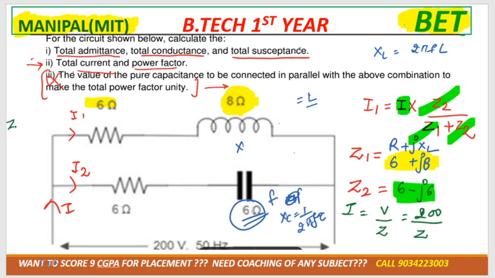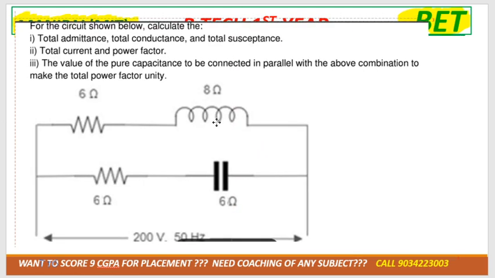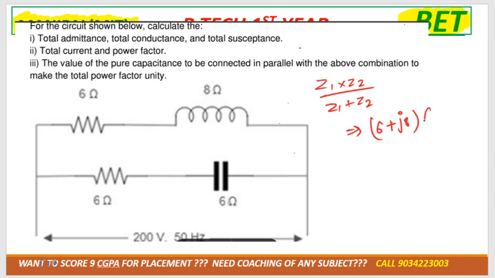How we can get Z: Z1 into Z2 divided by Z1 plus Z2, right? So Z1 into Z2 divided by Z1 plus Z2 is how much? That would be 6 plus J8 multiplied by 6 minus J6, correct?